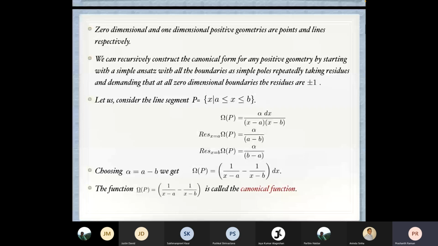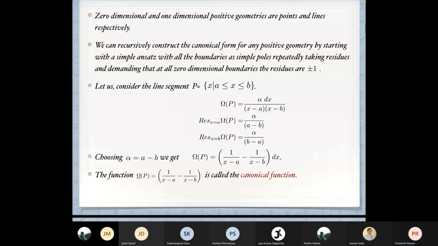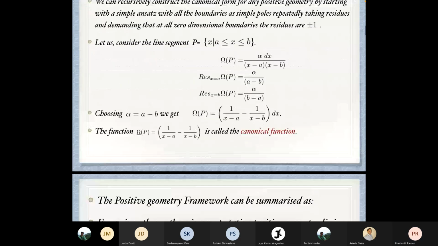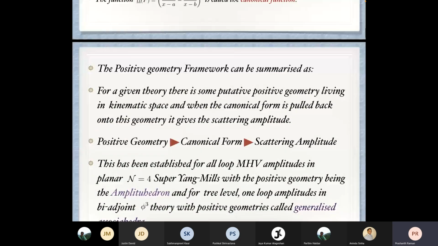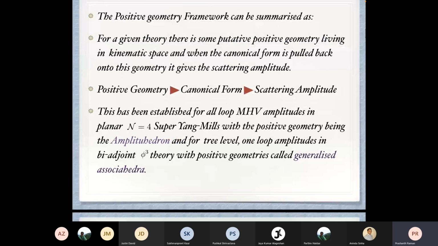So once we factor out the top form from the canonical form, we get a function, the canonical function. And as we'll see, this canonical function is what is actually related to the scattering amplitude. Okay, so having defined these things, let me summarize what the framework is.